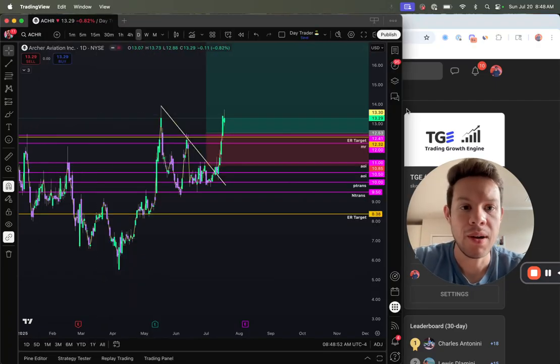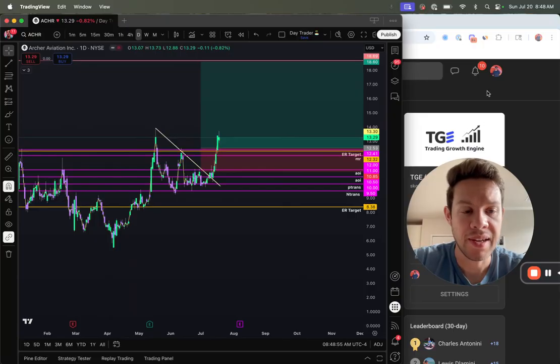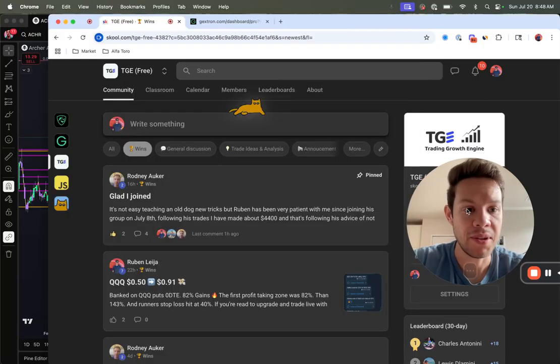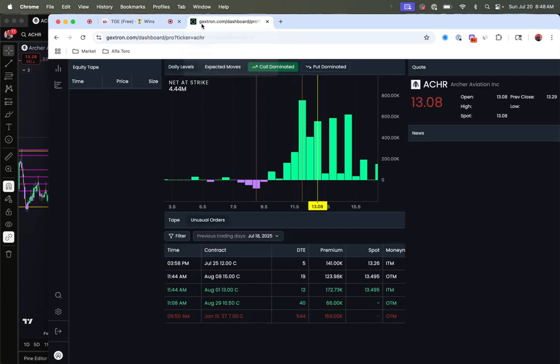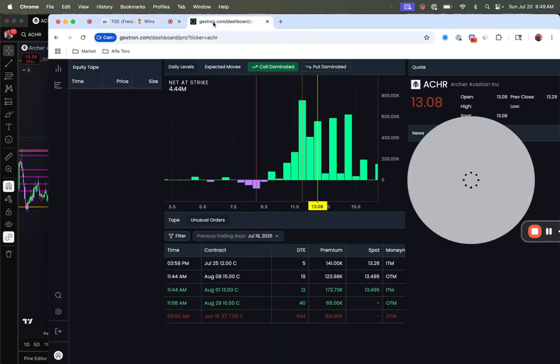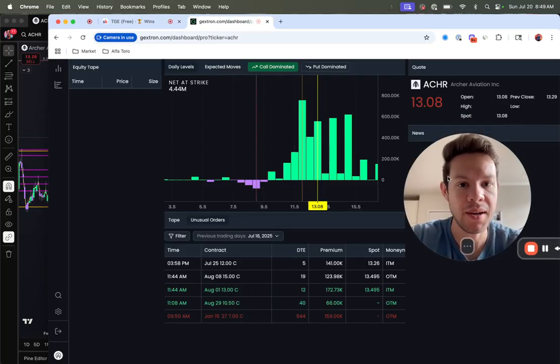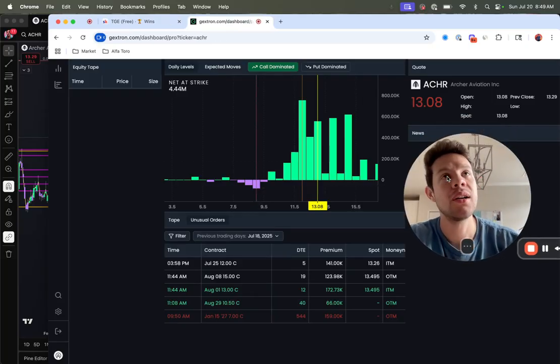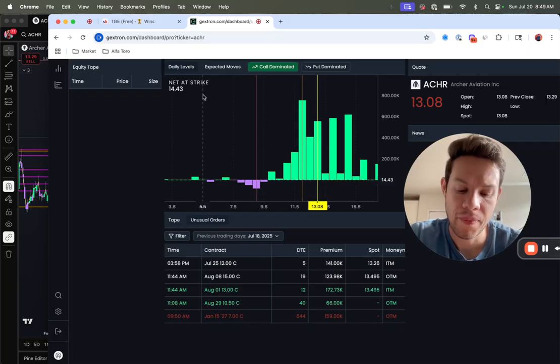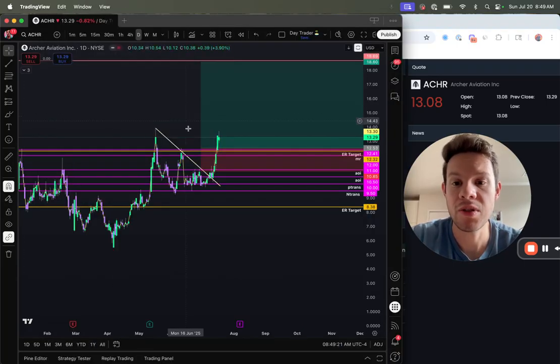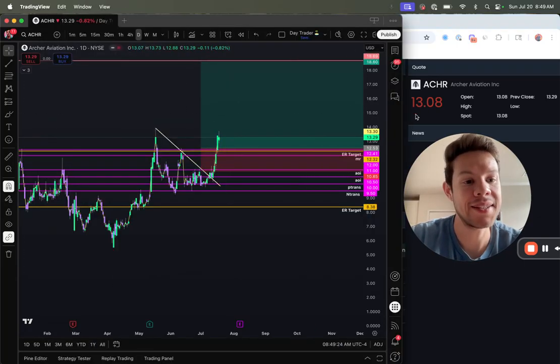Now I may be a little bit biased because I built this tool, it's called Gextron, and you might have heard me talk about it. Essentially, it looks at the entire option market, or the option chain, for a given security, and it will give me the most reliable support and resistance levels based on the current Greeks that it has.